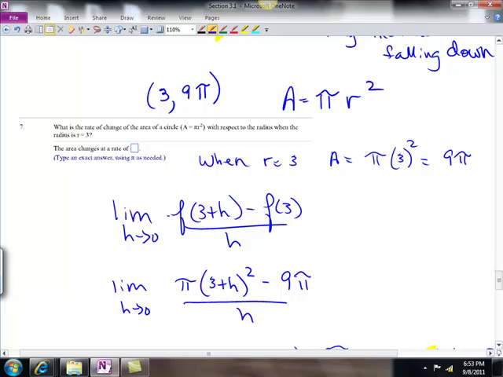So your original function is here, and you're going to substitute in 3 plus h for r. That's like your basic formula. Like as if that were 3x squared, you'd substitute in 3 plus h. Okay. Got it.